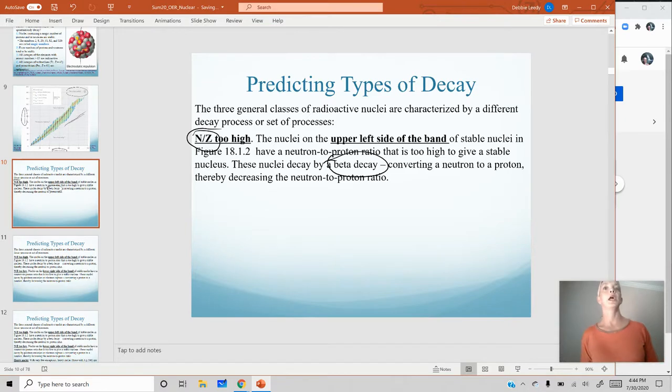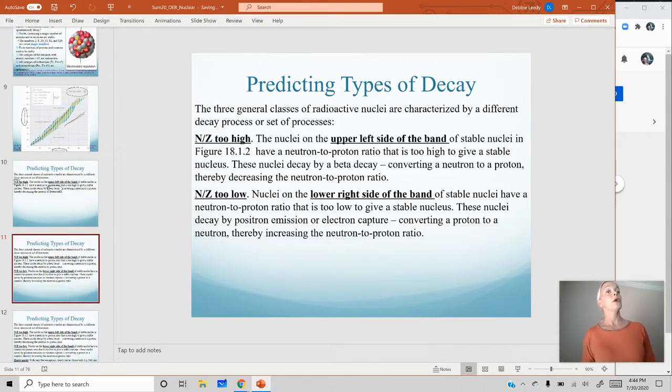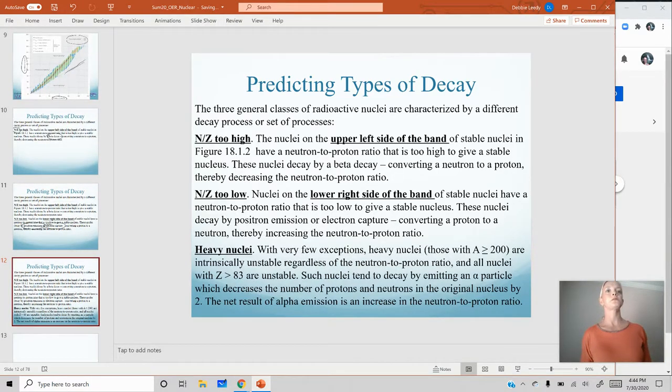We'll talk about the types of decay and what they mean. If that ratio of neutrons to protons is too low, in other words, if nuclei are on the lower right-hand side of that band, then these nuclei tend to undergo positron emission or electron capture. Those both result in the same decay product.